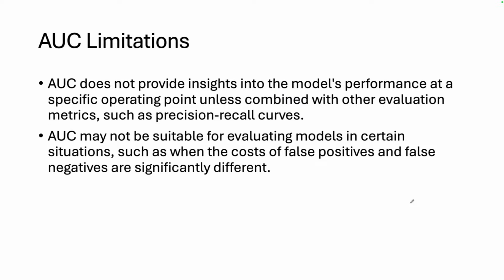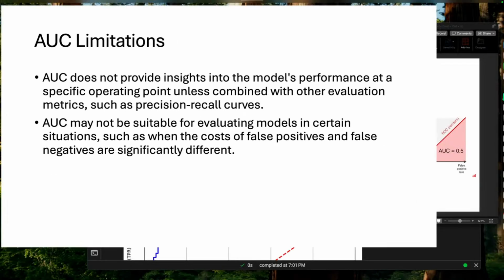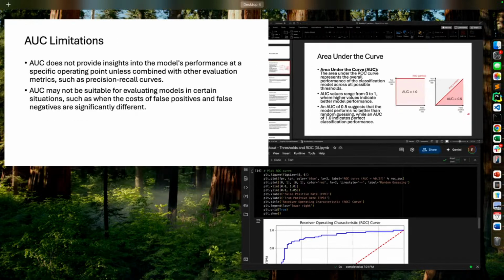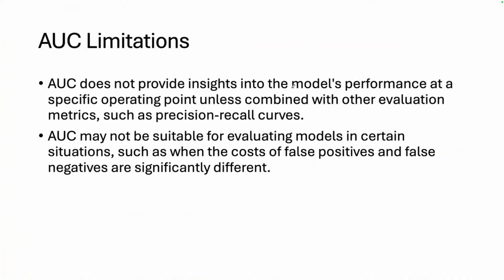The limitation here on AUC is a big one, and this is important. I think people miss this sometimes. AUC does not provide any insight into how the model performs at a particular threshold. When we put a model into production, we actually have to serve a prediction.